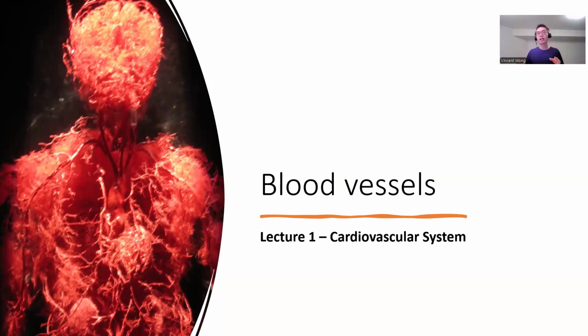Because every cell in your body needs oxygen to survive, and the way to get the oxygen is through the blood vessels. So you cannot have a cell that's too far away from a blood vessel, right? It's not going to be able to get enough oxygen that way. So that's why it's not surprising to have blood vessels basically tracing out the entire body when you take everything away.